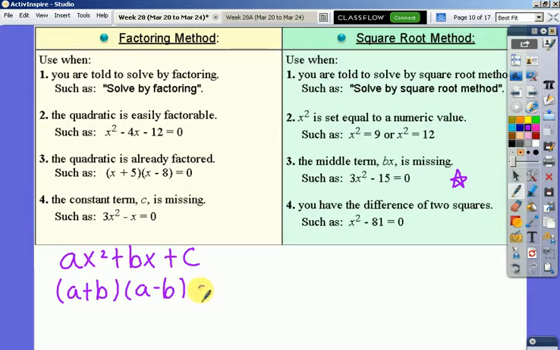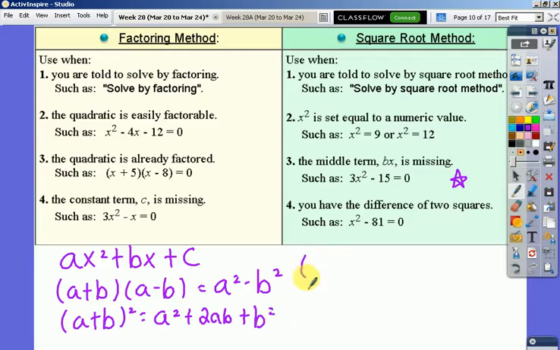That product is going to get me a squared minus b squared. The other one, a plus b quantity squared is going to get me a squared plus 2ab plus b squared. And then a minus b quantity squared is going to get me a squared minus 2ab plus b squared. So these I've been telling you need to remember, standard form as well.